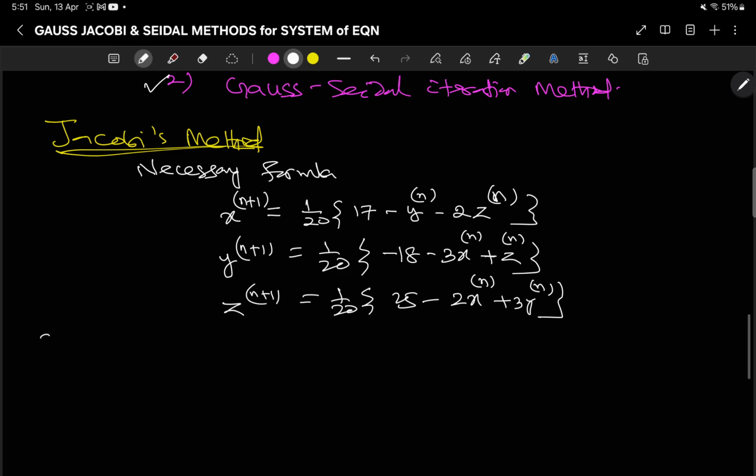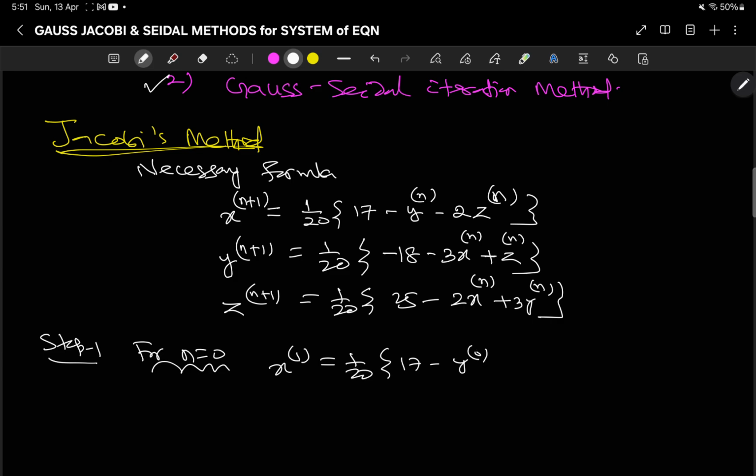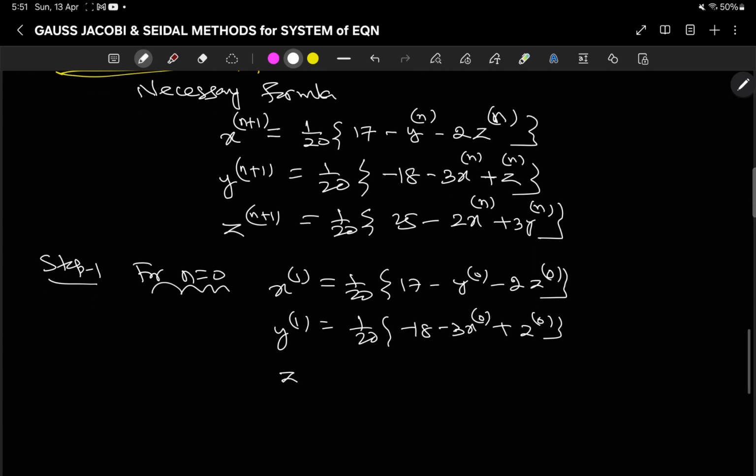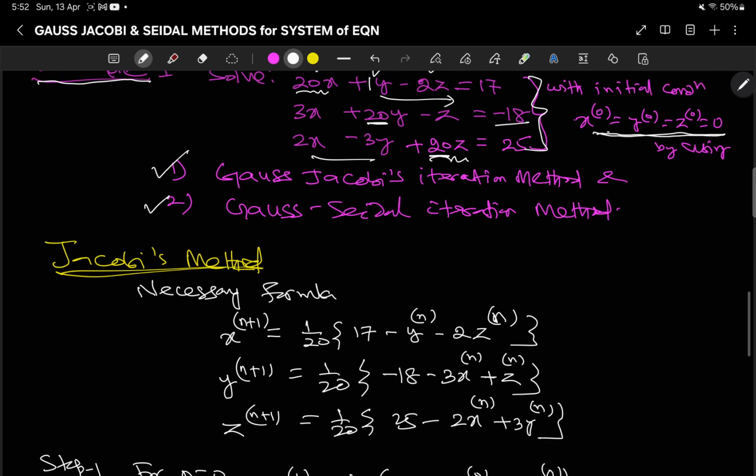Okay, now step 1, for n is equal to 0, right? Here x at the first step is 1 by 20 times 17 minus y0 minus 2z0, and here y1 is 1 by 20 times minus 18 minus 3x0 plus z0, and here z at the first step is 1 by 20 times 25 minus 2x from the previous step plus 3y from the previous step. Now as per the given, the previous step is 0, so I just substitute it.